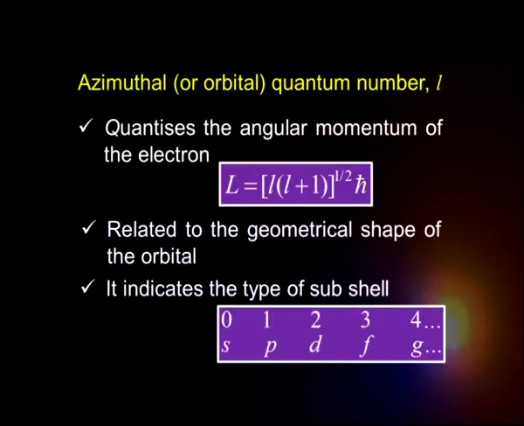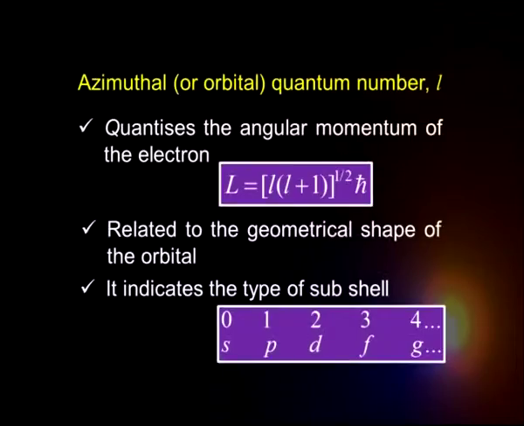L equal to 1, we get p orbitals of a dumbbell shape, and so on and so forth. In addition, the angular momentum has a value of square root of L into L plus 1, times h cross. That means the angular momentum is in terms of h cross, which is called the action constant, or the unit of angular momentum. So it is quantized here.